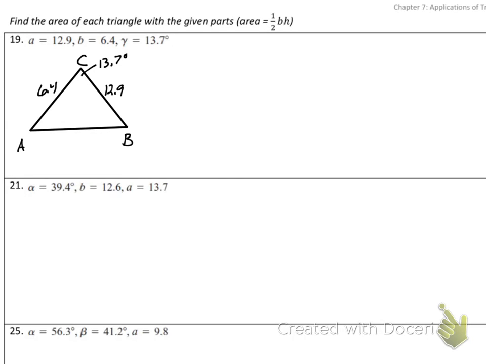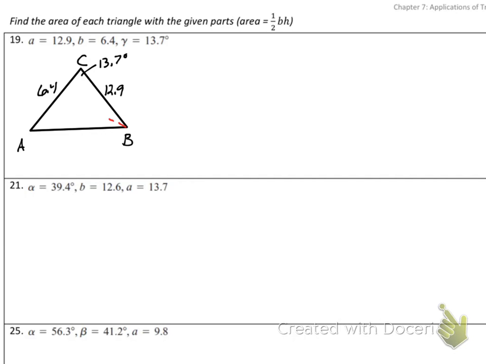This is a side angle side, but all I'm looking for is half the base times the height. Your base can be whichever you choose, you just have to choose your height correctly.